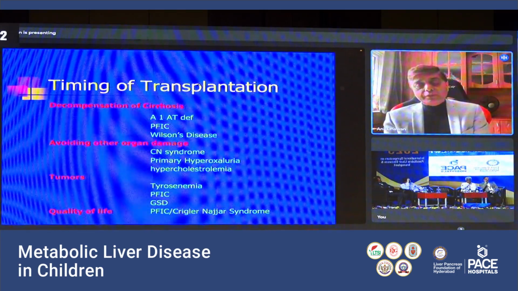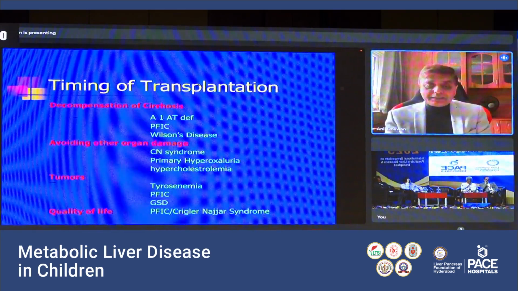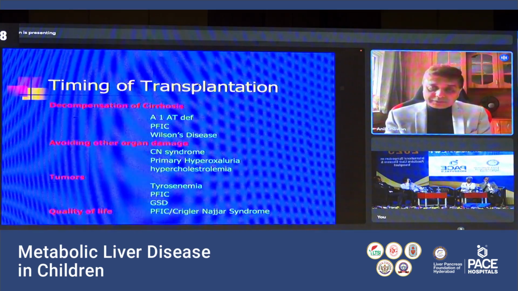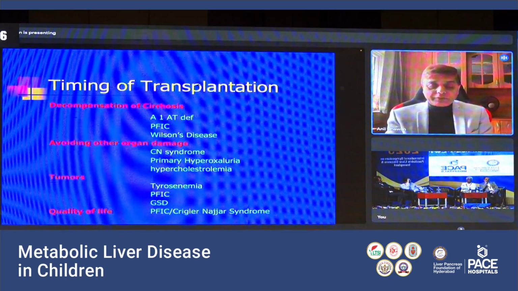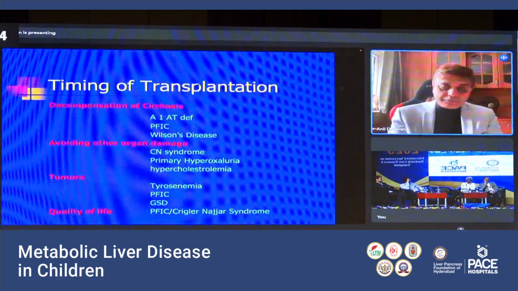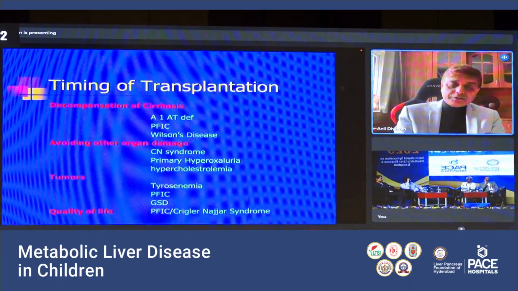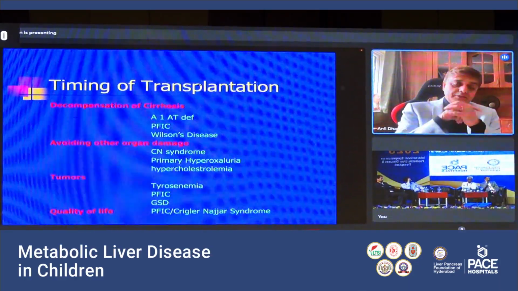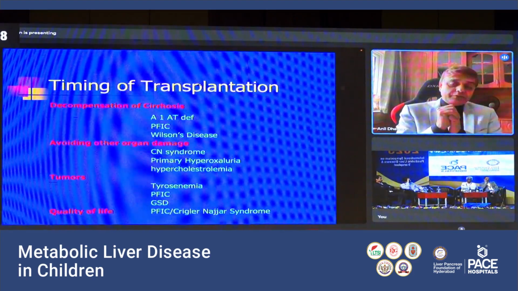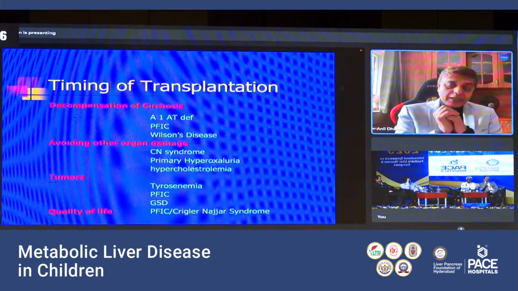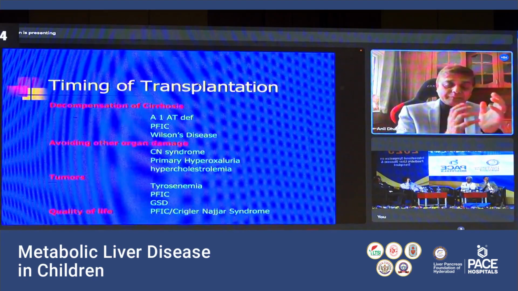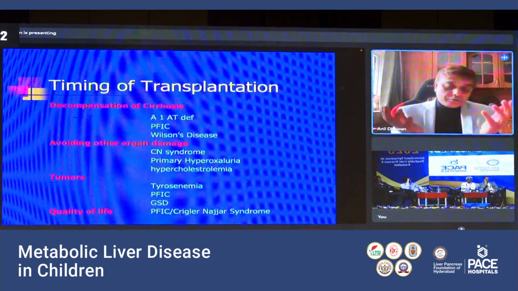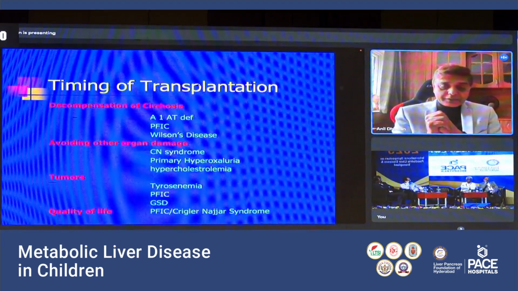Similarly, if you develop a malignancy in a patient who may have compensated liver function: tyrosinemia, progressive familial intrahepatic cholestasis, glycogen storage disease. And the issue in GSD becomes very difficult because they develop multiple adenomas, and then it's very difficult to say whether it's benign or malignant. So some of them end up in transplantation.